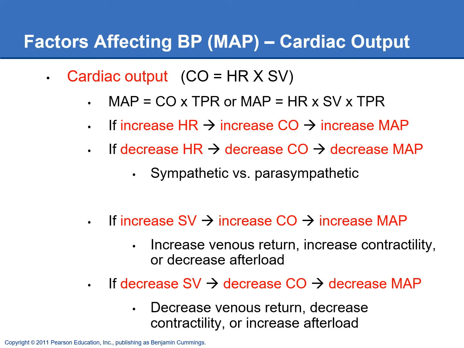So all of those will increase the stroke volume, and if you increase the stroke volume, that'll increase the cardiac output, and then increasing the cardiac output will increase the mean arterial pressure. And if you decrease the stroke volume, that would decrease the cardiac output, which would then decrease the mean arterial pressure.